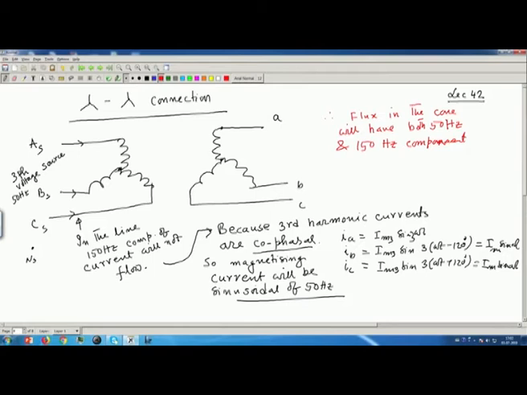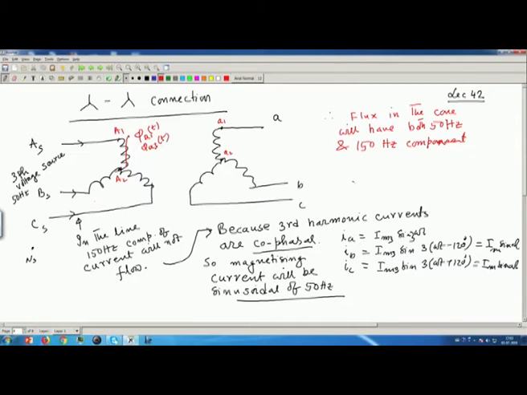Therefore, induced voltage in the coils, say this is A 1, A 2, this is small a 1, small a 2 and so on, B 1, B 2, B 3. So, these coils will be linked with phi fundamental, say A phase phi 1 t plus phi A 3 t, both of them will be linking this. Therefore, both of them will induce voltage.